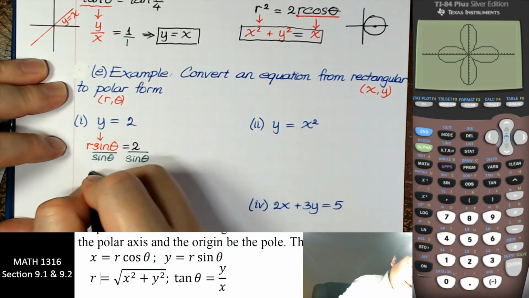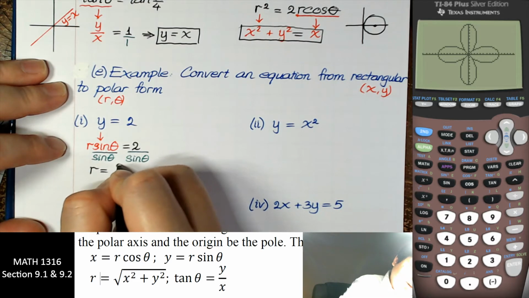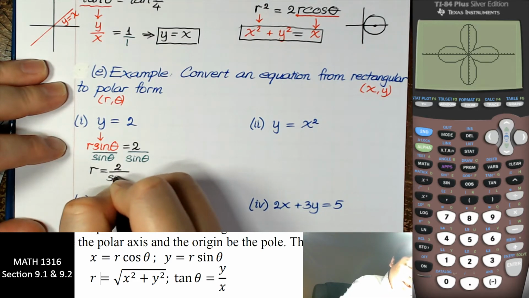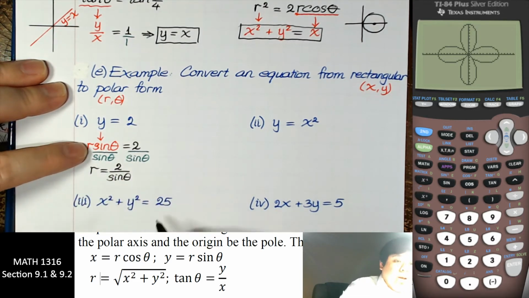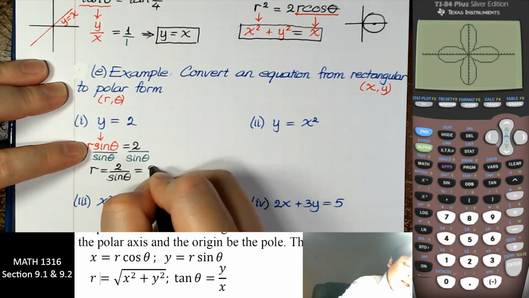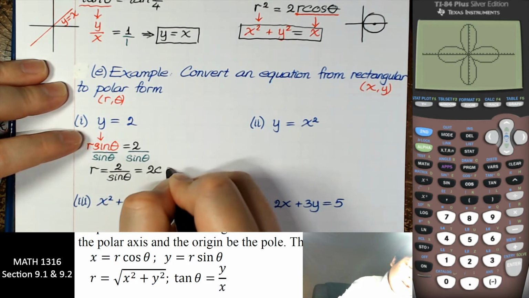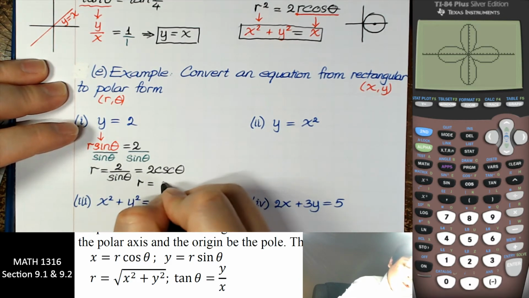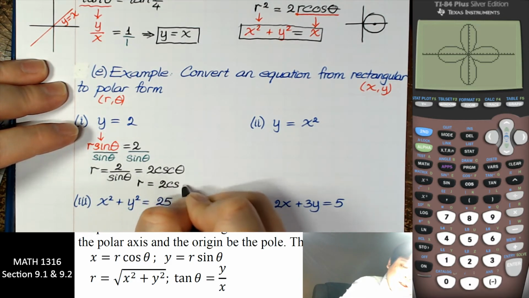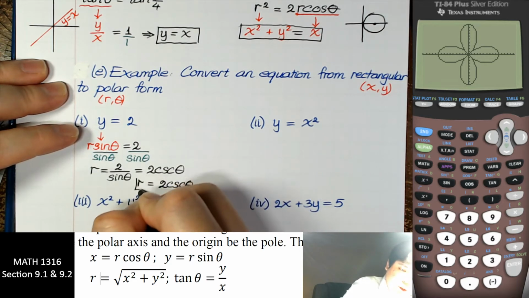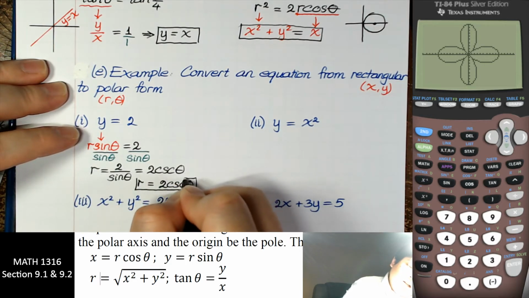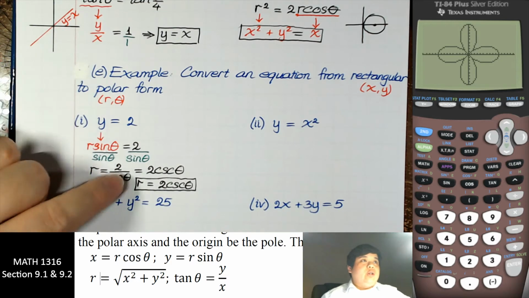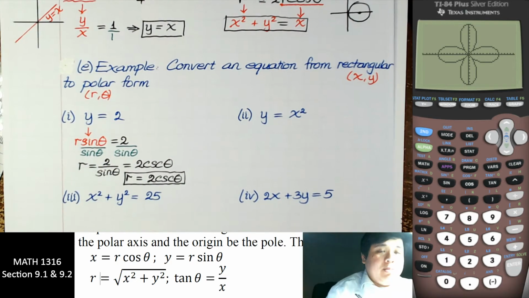So we have r equal to 2 over sine. The reciprocal of sine is cosecant. So we have r equal to 2 cosecant of theta. So as long as we have the equation in terms of r and theta, we're good, and that's what we have.